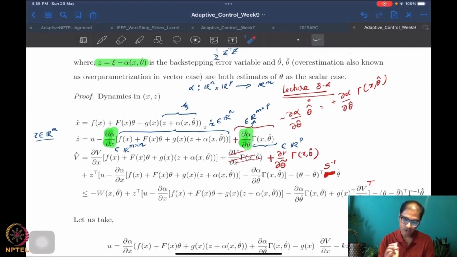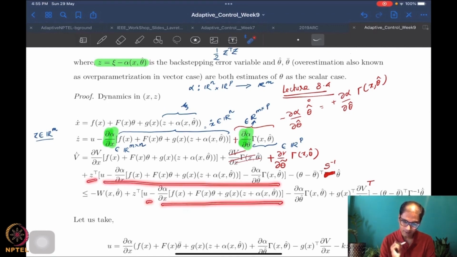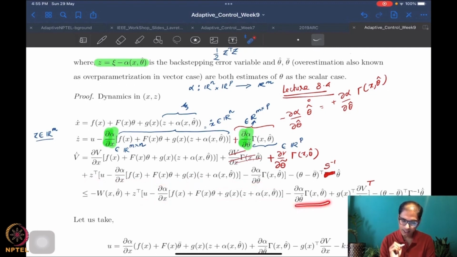Okay, so let's look at this. You have the rest of the terms as is, right? U minus del alpha del x times x dot minus del alpha del theta cap gamma. Sorry, the signs had to be corrected here. This is a plus sign again, and this is a plus sign again. Correct? And so that's correct.